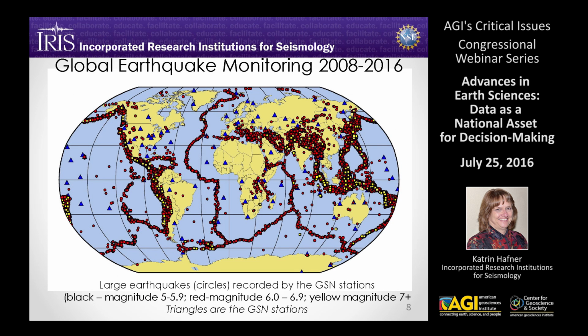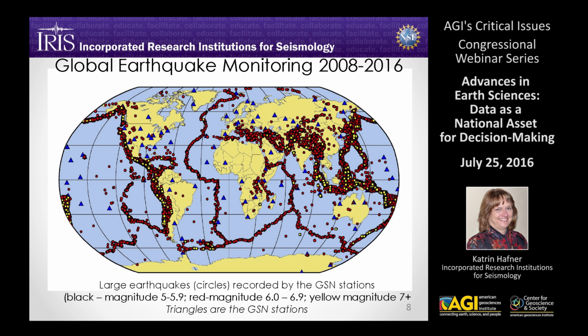So of course everybody, I think, has heard about the National Earthquake Information Center, which reports when there are large earthquakes around the world and in the US. So this plot just shows the number of magnitude 5 and greater earthquakes that have been recorded by this network in the last 8 years.